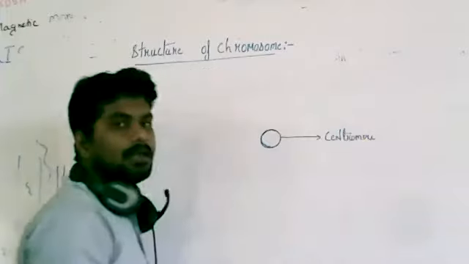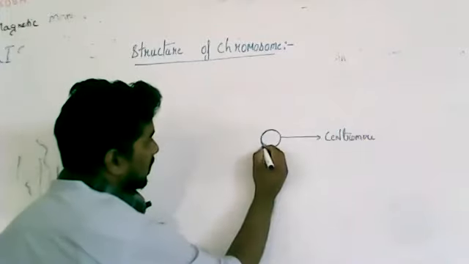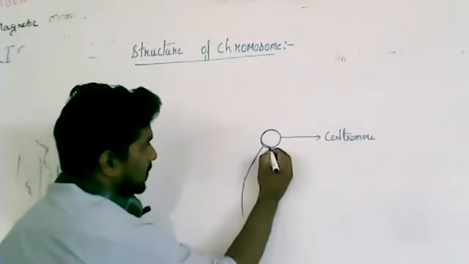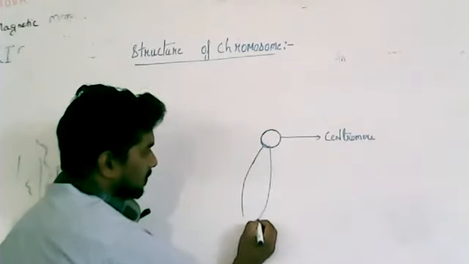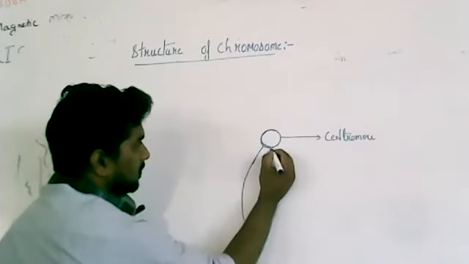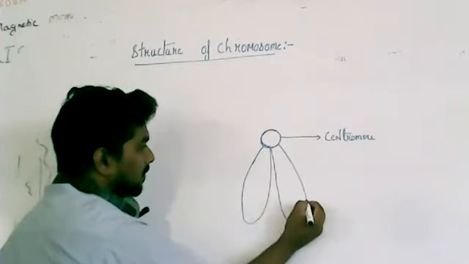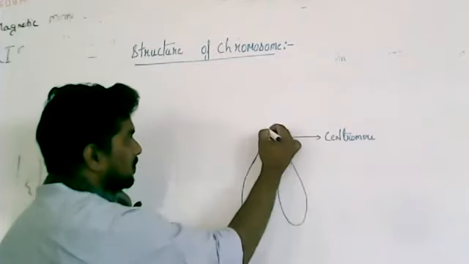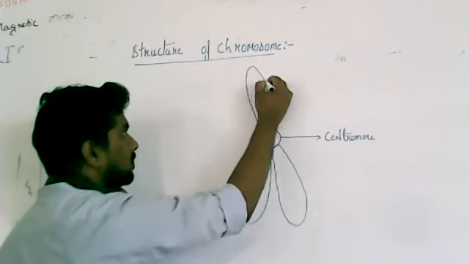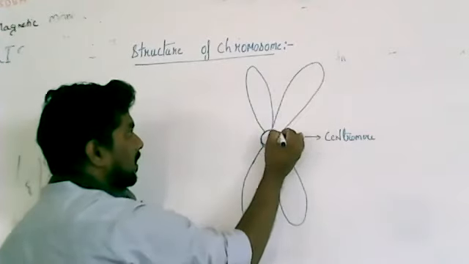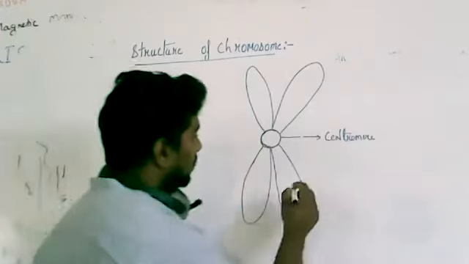Then they have arms, long arms, that will come out from the center. Fine. So these structures or arms are called as chromatid.